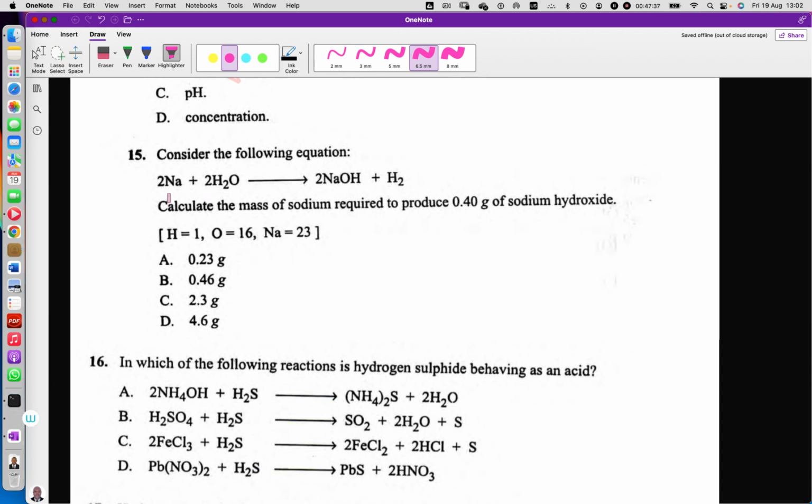So now, using the equation, if 2 moles of sodium can produce 2 moles of sodium hydroxide, then how many moles of sodium will produce the moles that we just calculated?